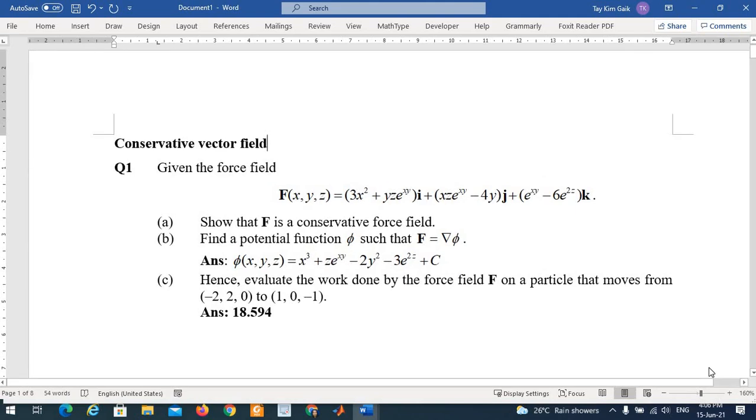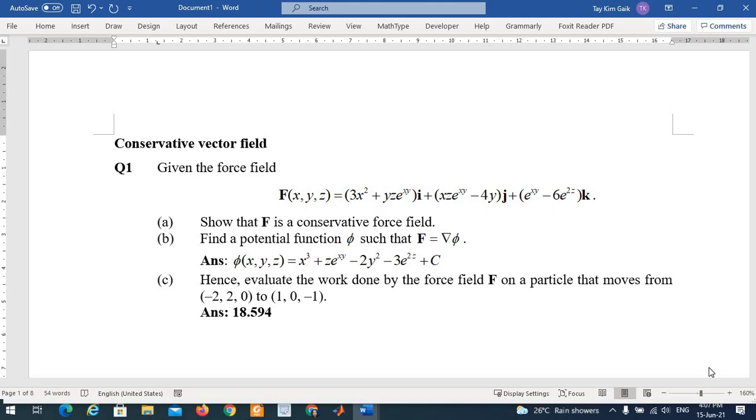Normally with this type of question, the curl of F is the 0 vector if F is conservative. Because the question is a positive sentence, you can then find a potential function P such that F equals del P. So for the answer, you have to show that the curl of F is the 0 vector.